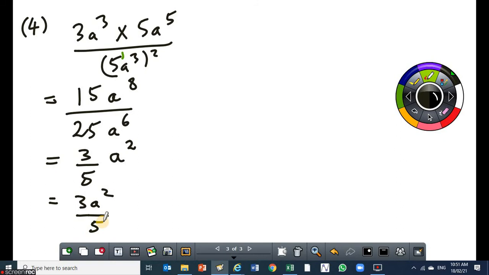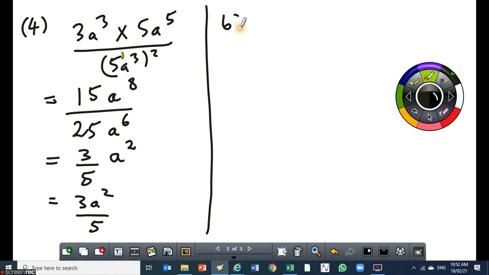It's the same thing. So if you stop here, it's fine. If you write it like that, it's also okay. I hope that you went over your laws of exponents.